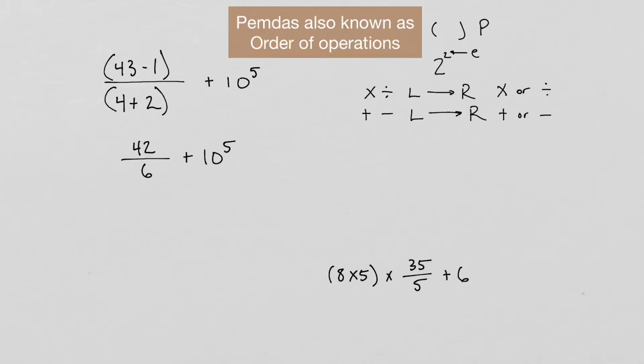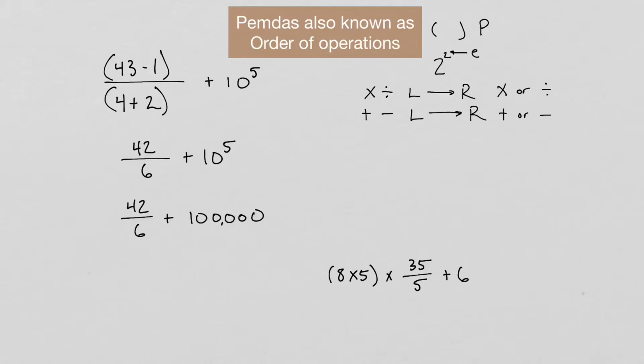Now, looking from left to right, we end up seeing this exponent. As you know, exponents come before division, so we want to do this exponent first. We have 42 over 6 plus 10 to the 5th power, which gives us a 1 with 5 zeros behind it, so 100,000.